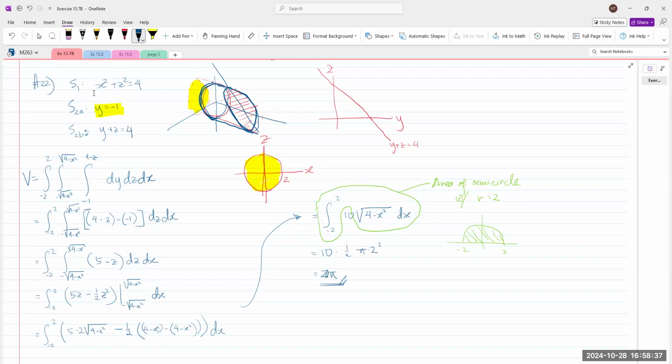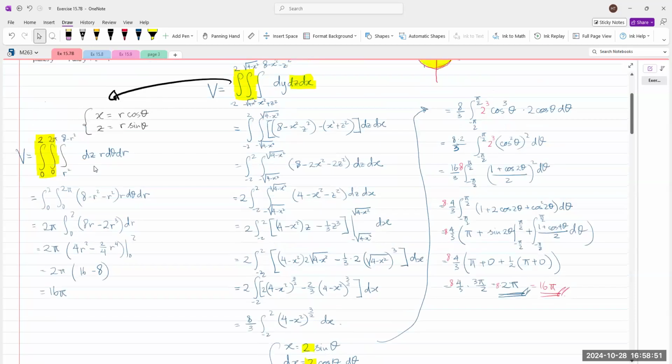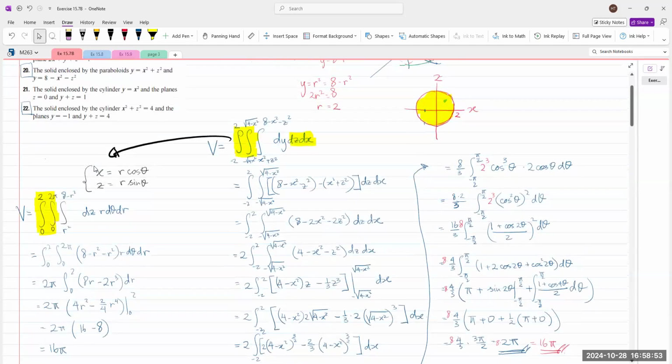Another thing is, if you think about this, we can easily change it into cylindrical, into polar integration, which is basically what happened here. If we change this into polar integration, this is what we get.